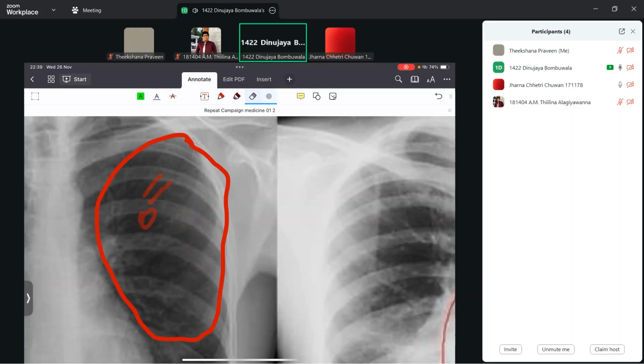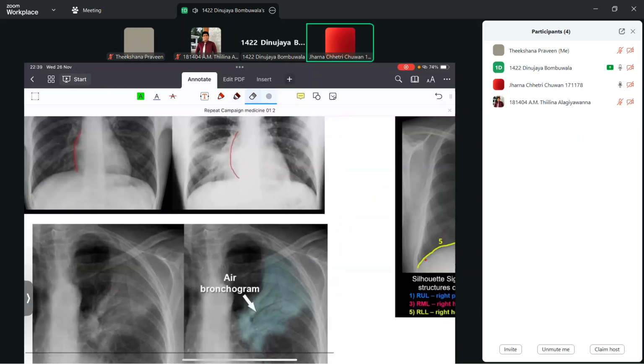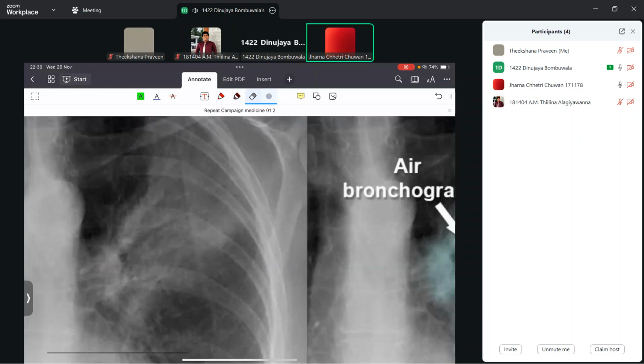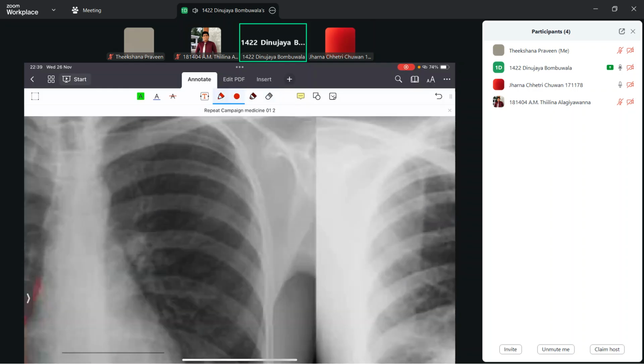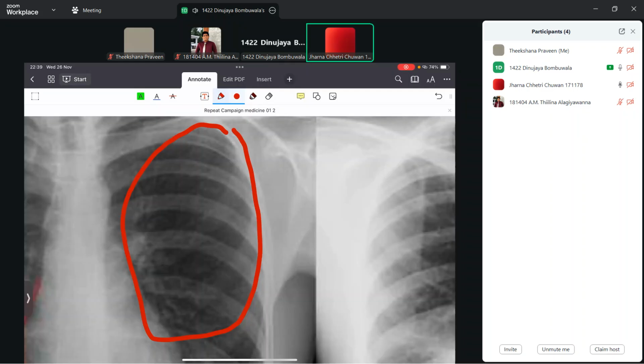Did you understand? Can you explain one more time that air bronchogram? Usually, this is the usual one. In this region there is a black background and white vascular markings. So the background is created by the alveoli.